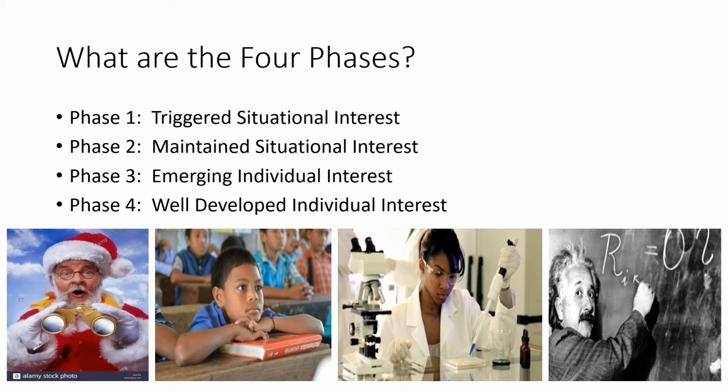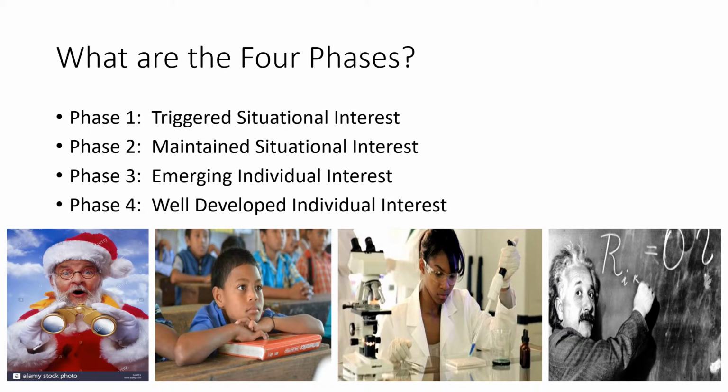If the student or the client continues on with that interest without, of themselves, which is situational or environmental, that's a maintained interest. And if the two continue on to the third, it emerges, it goes from without to within, and it becomes an individual interest.